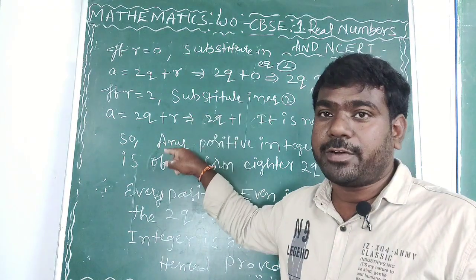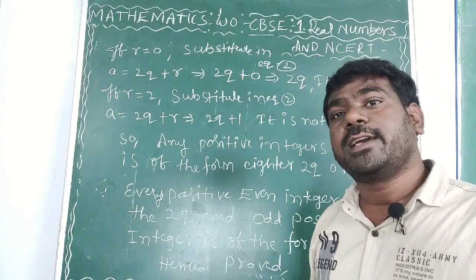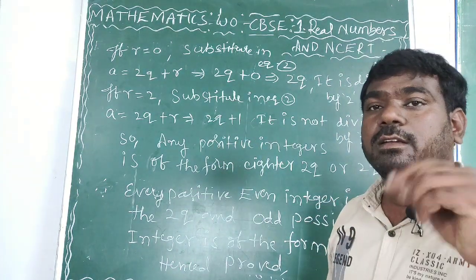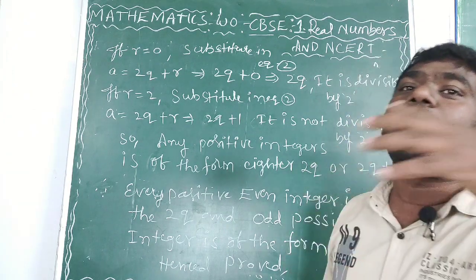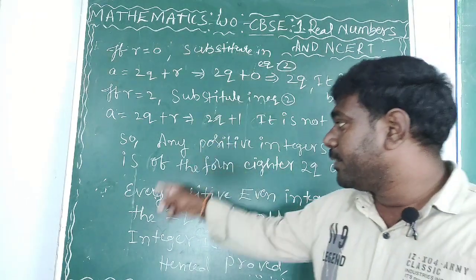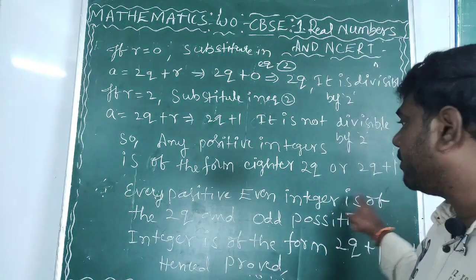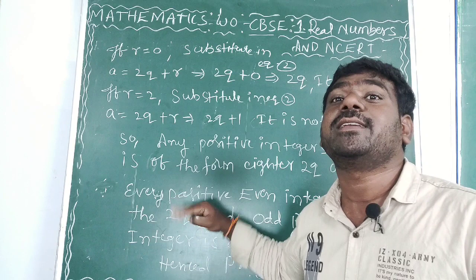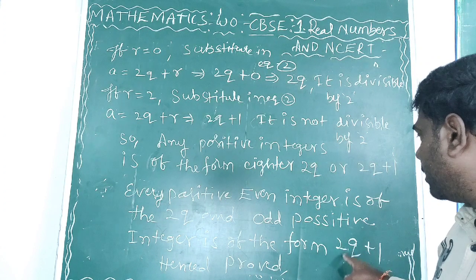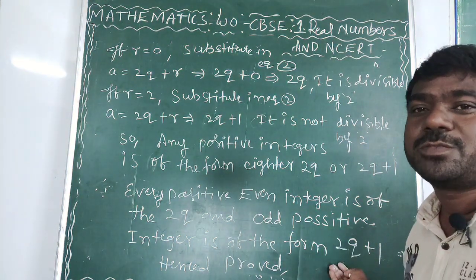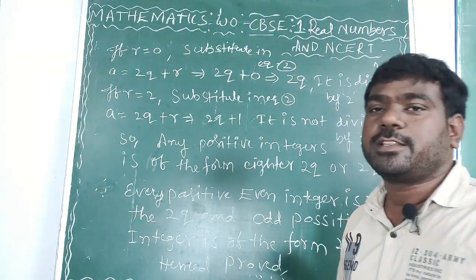That's why we confirm that any positive integer is of the form either even or odd. Therefore, we conclude that every positive even integer is of the form 2q because it is divisible by 2, and every odd positive integer is of the form 2q plus 1 because it is not divisible by 2. Hence proven.